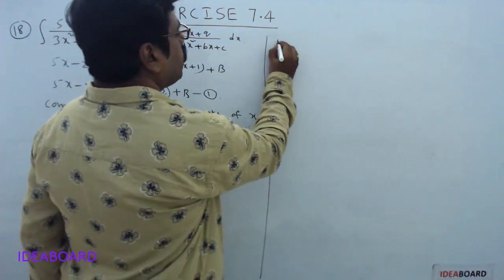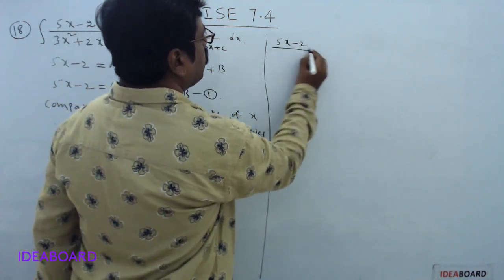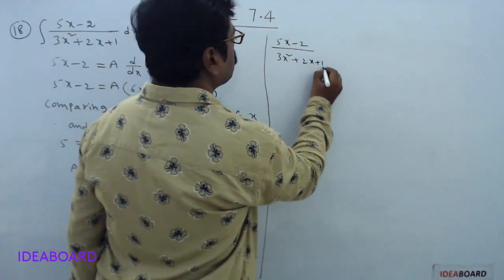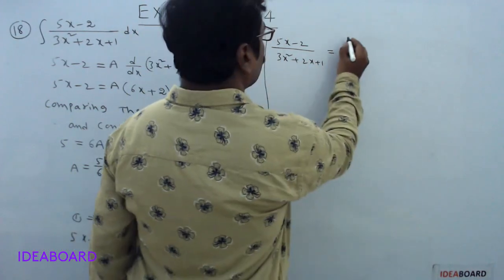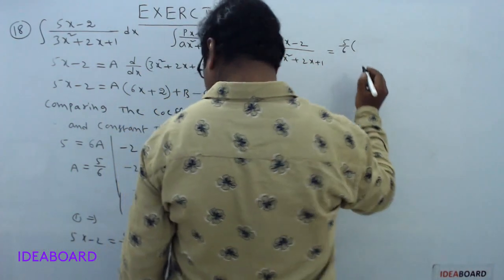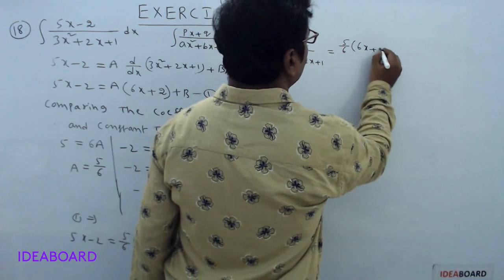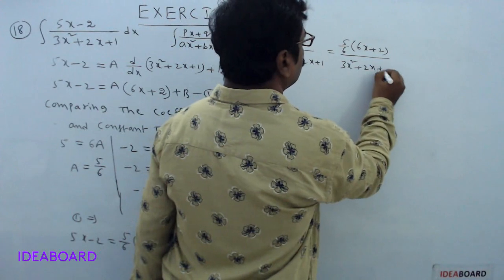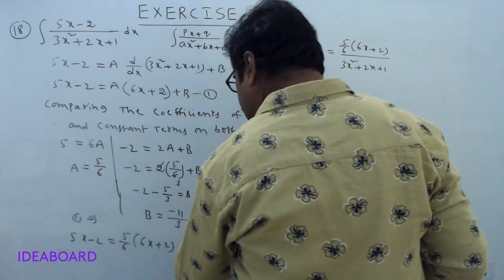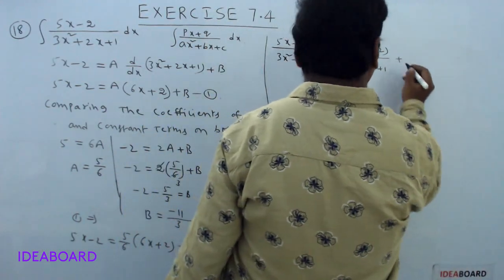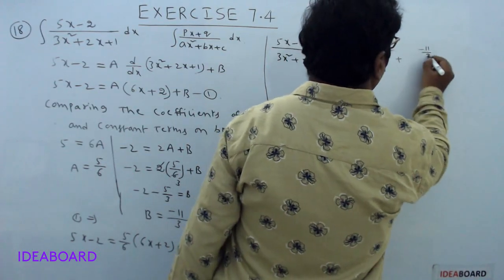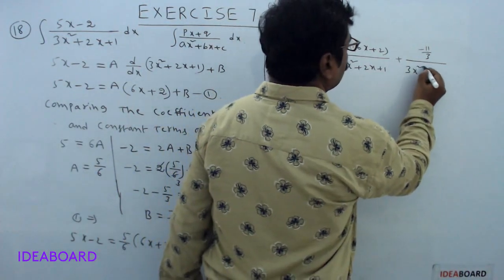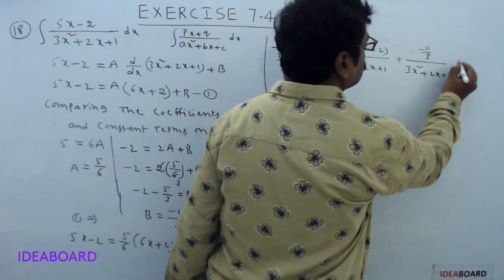Now that is 5x minus 2 divided by 3x square plus 2x plus 1 equal to 5 by 6 into 6x plus 2 divided by 3x square plus 2x plus 1. Here plus into minus, minus, or you can write down the same thing. Minus 11 by 3 divided by 3x square plus 2x plus 1.